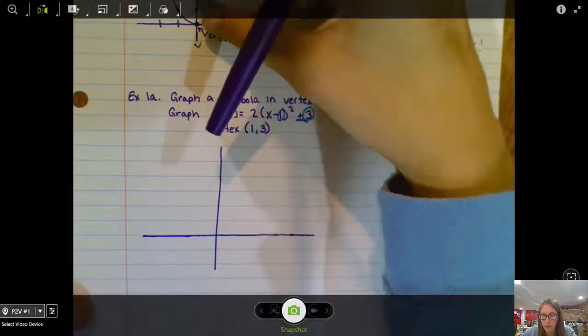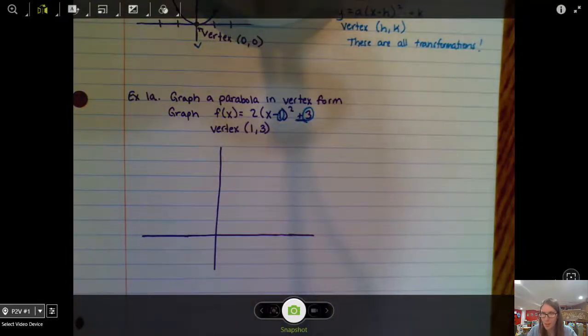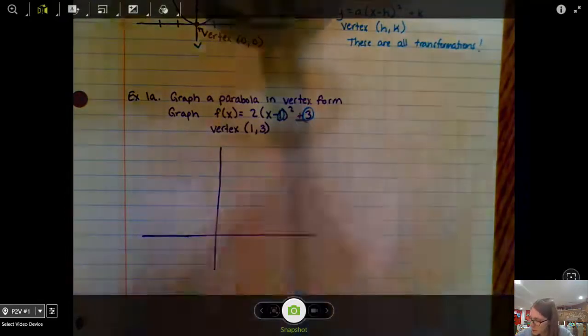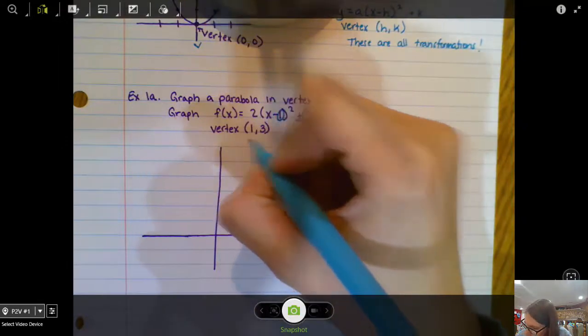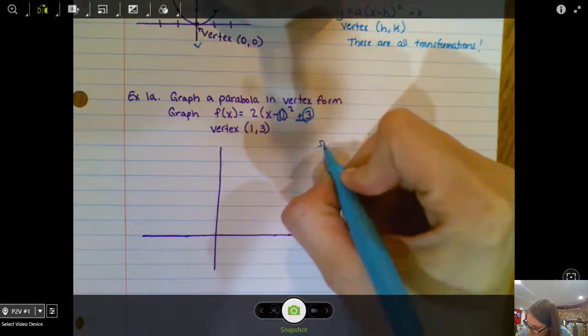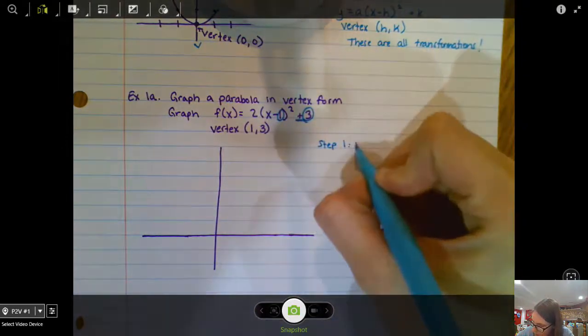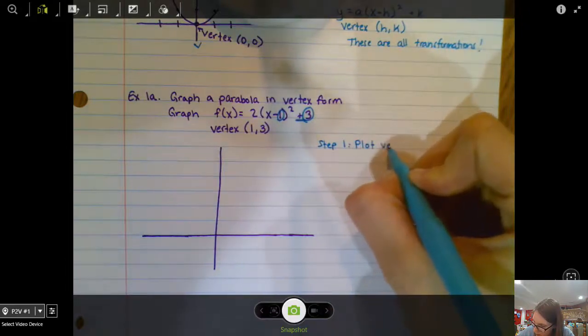So the first step that we will do is to plot the vertex.